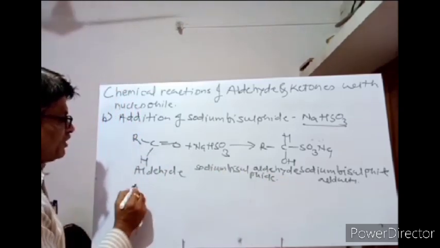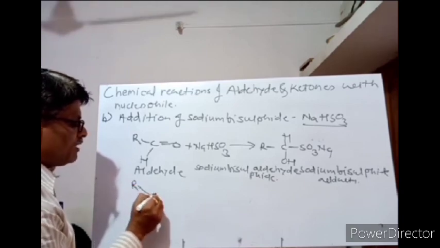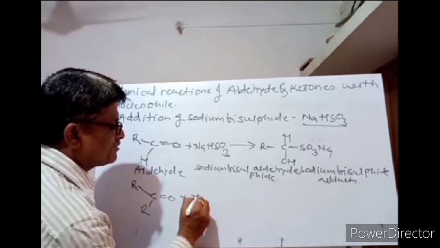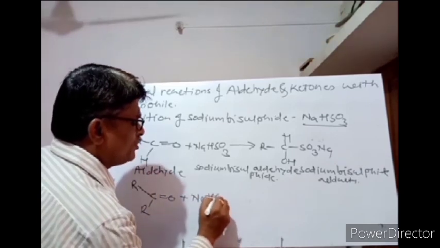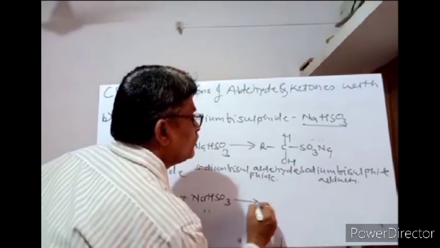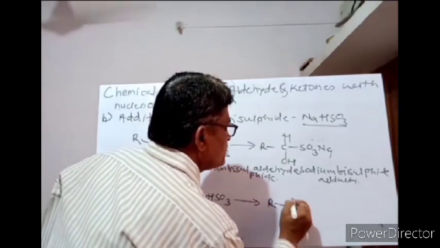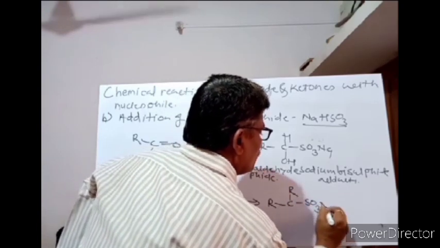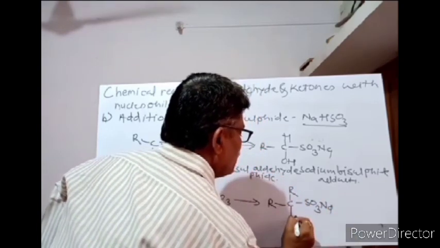Another reaction for ketone, this is RC double bond OR. The same reaction takes place, and formation of, here is the same sodium bisulfite. With reaction, it gives RCR(SO3Na)OH.